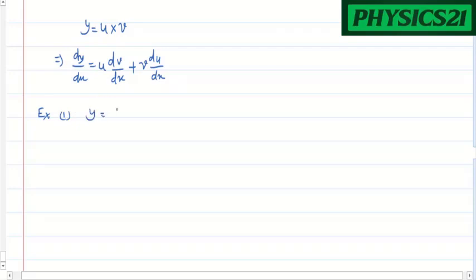let y is equal to (x square plus 1) first bracket and (3x square plus x) is given. This is the problem.